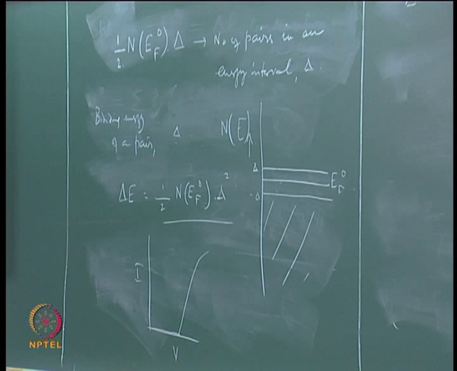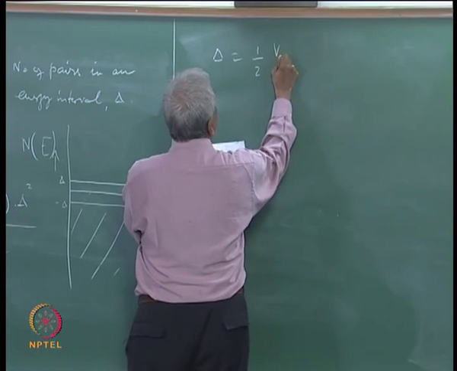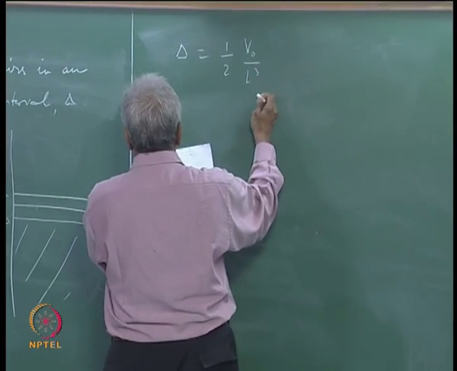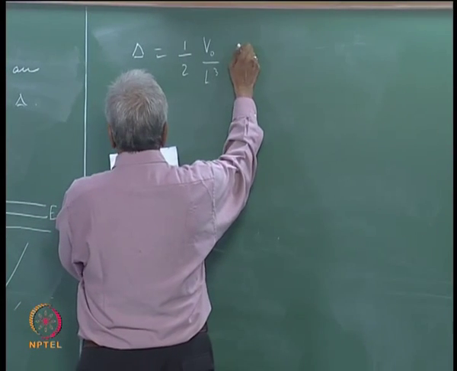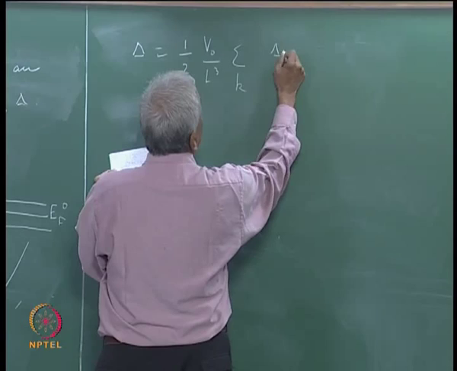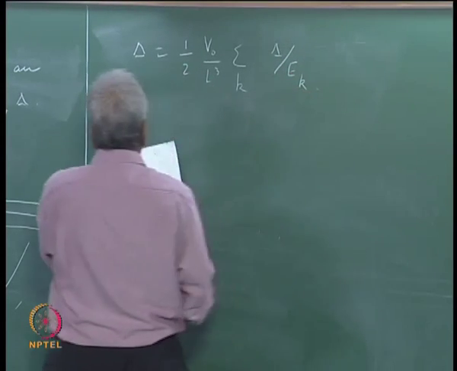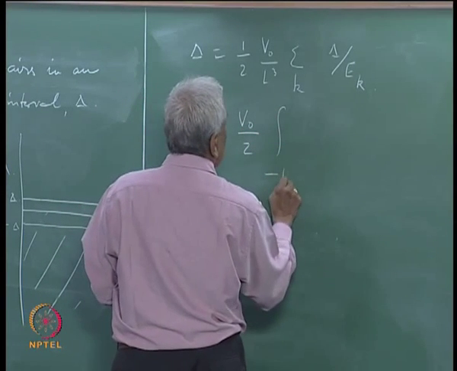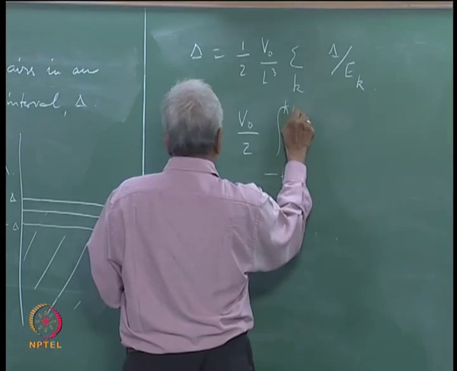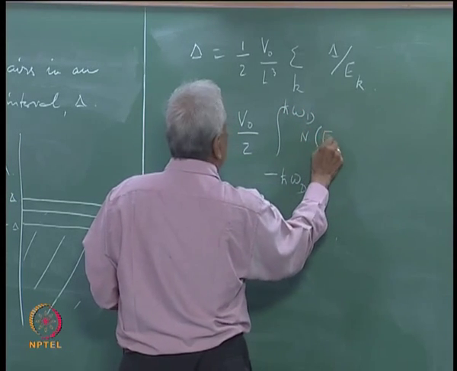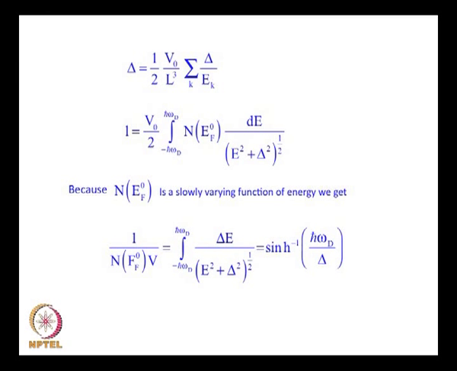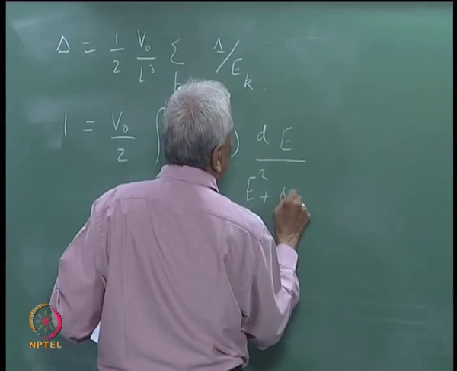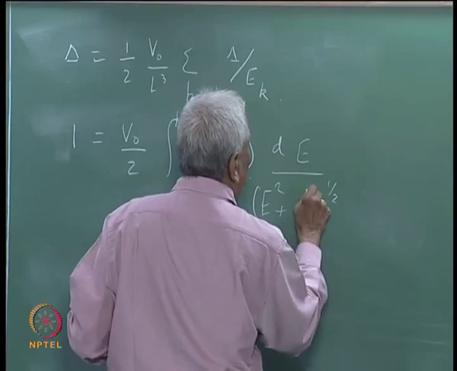So, we see the delta is, from what we have given, half V naught by L cube sigma k delta by E k, and this gives the condition 1 equal to V naught by 2 integral from minus h cross omega d to plus h cross omega d n of E f 0 d E by E square plus delta square to the power half.